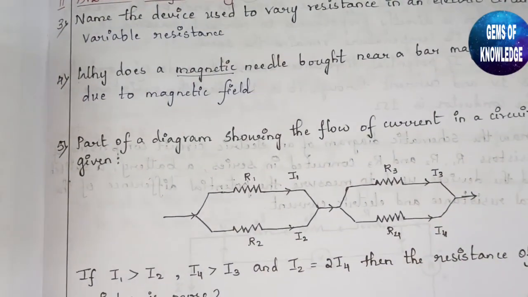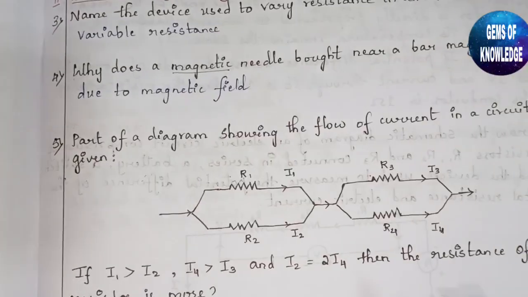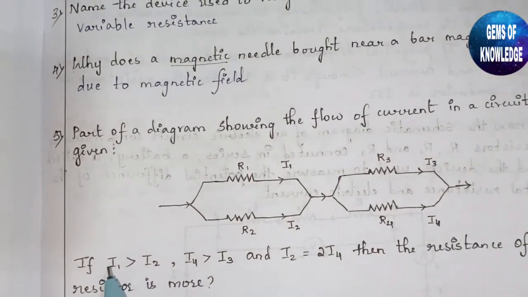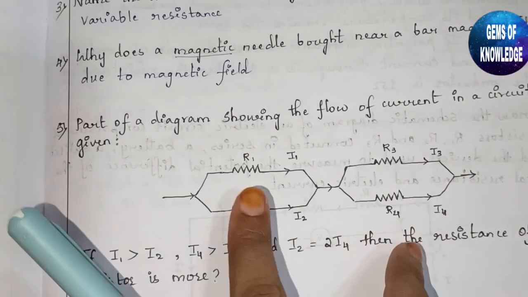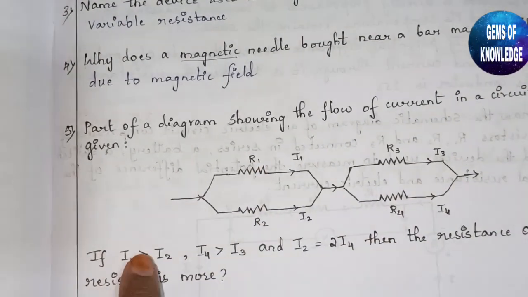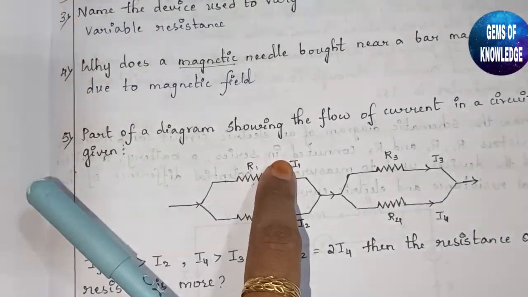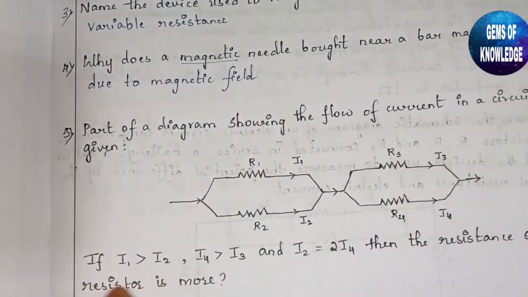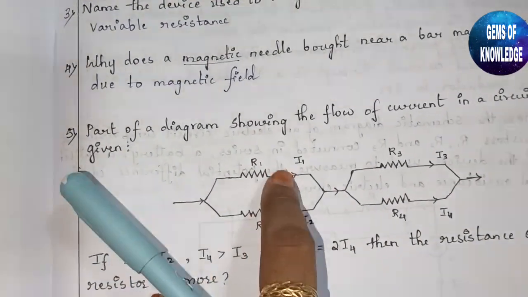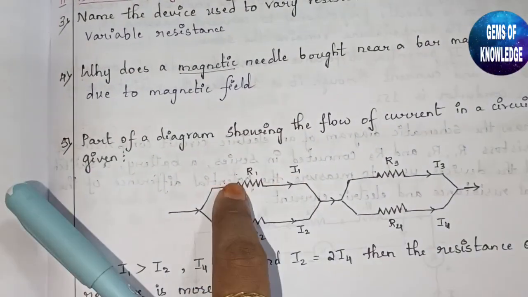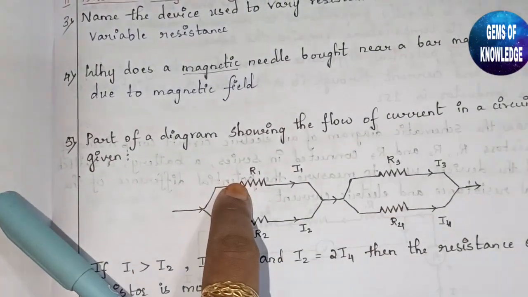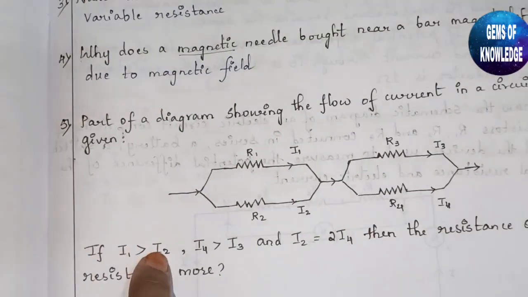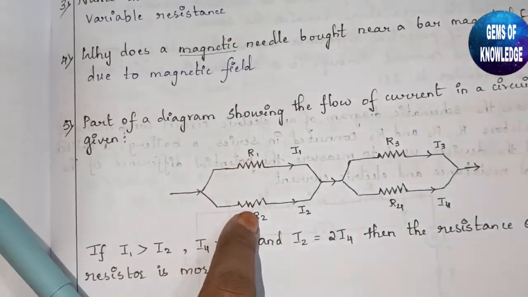Then they are asking which resistor has more resistance. Just see, as they have already told us the condition, I1 is greater than I2. If the current passing is more, then the resistor has less resistance. So I1 is greater than I2, which means R1 has less resistance than R2.